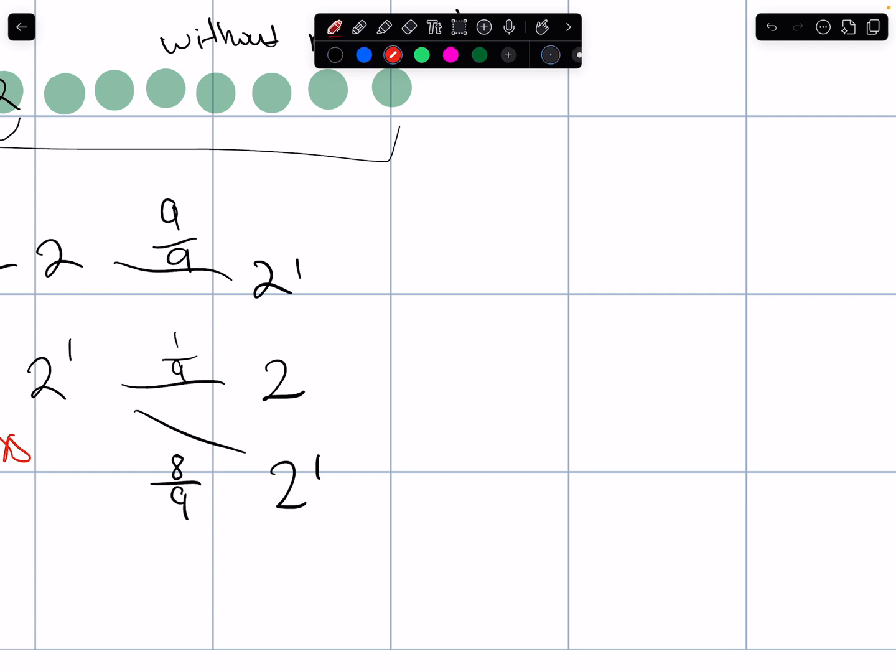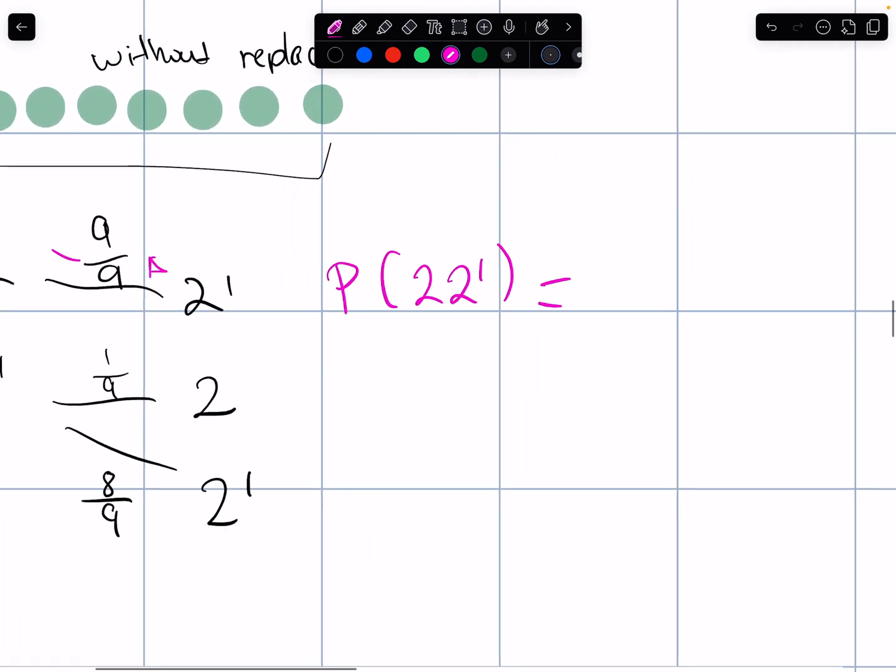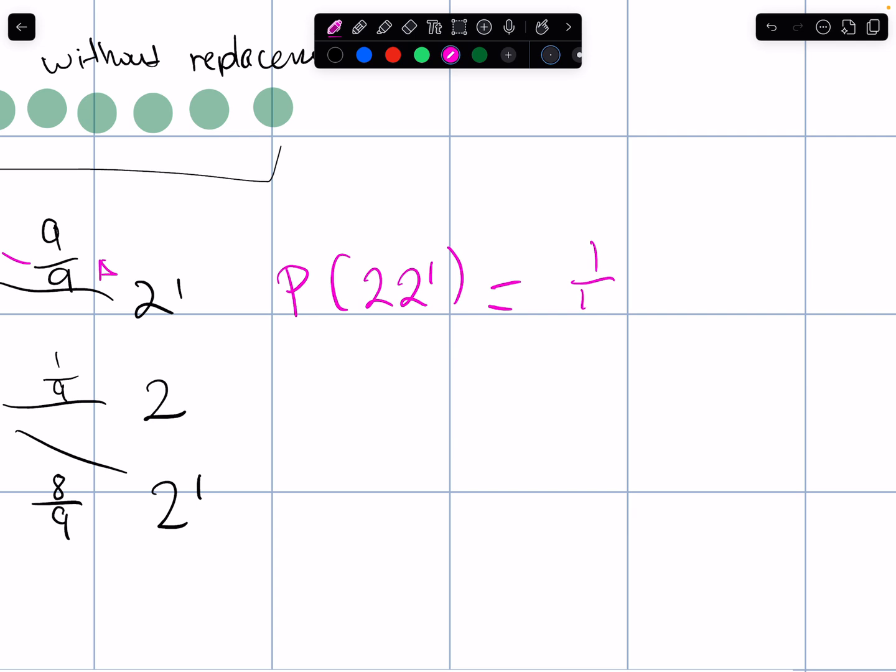So let's do the first one in pink. The probability of 2 and then not 2 is equal to, let's follow our diagram, 1 out of 10, and we're going to multiply that by 9 out of 9, which is 1. So 1 out of 10 multiplied by 1 is equal to 1 out of 10.